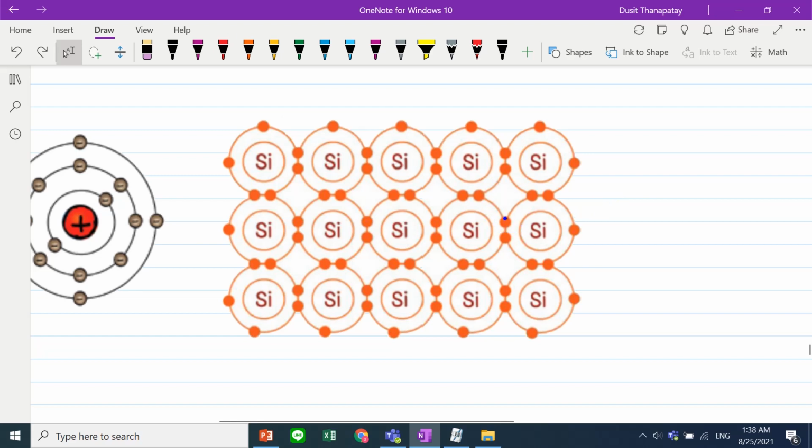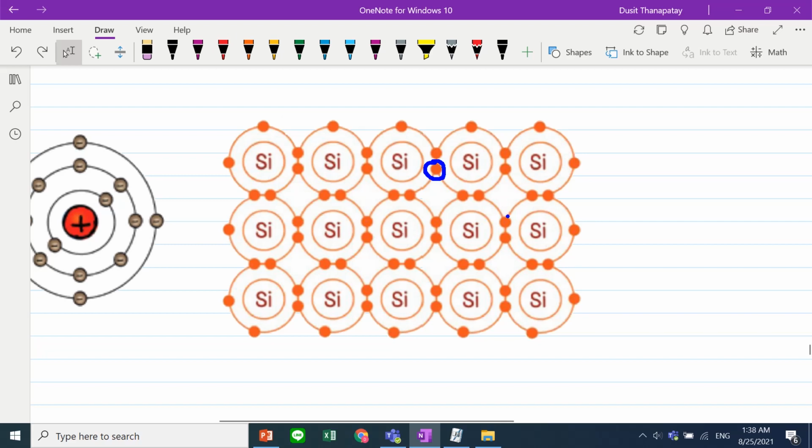That means this hole will disappear, and this area then becomes a hole. And maybe this electron can also fill this empty space, or hole, and then this area becomes a hole.